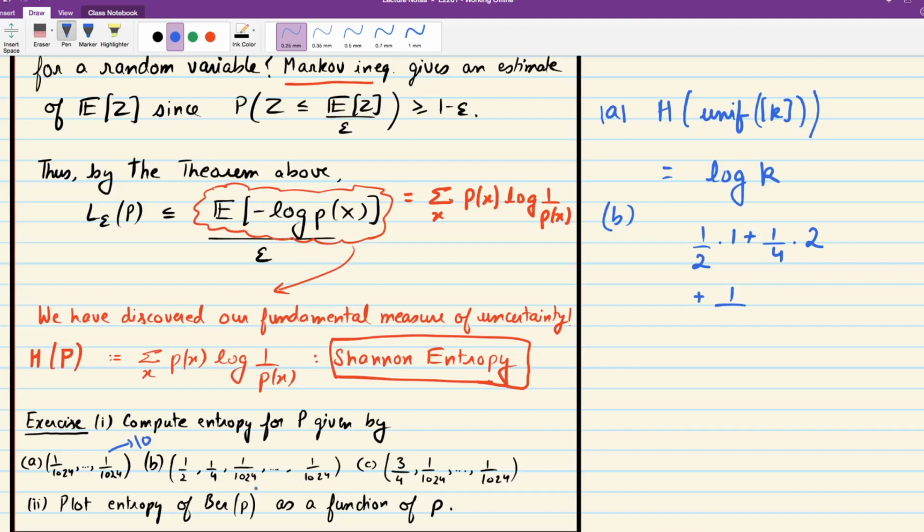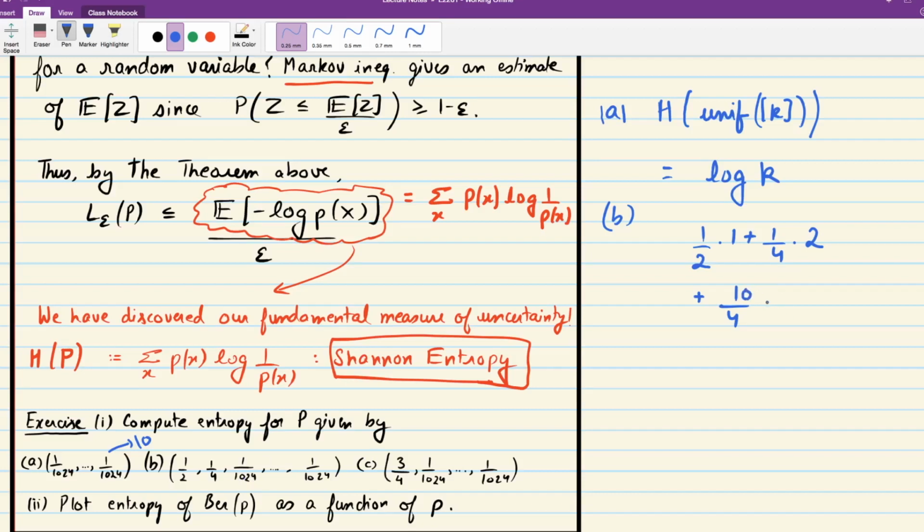You have 1/4 of the total probability in the remaining symbols, and each symbol has log of 1 by 1024, which is 10.